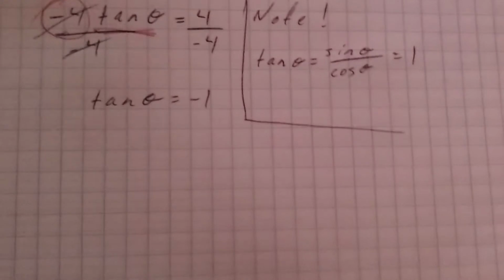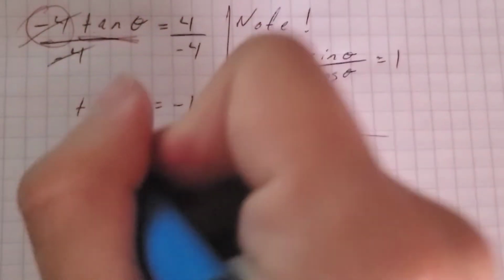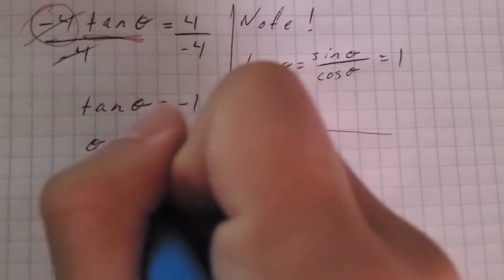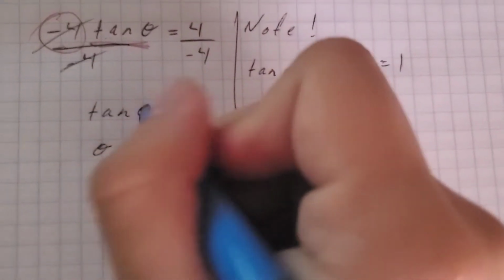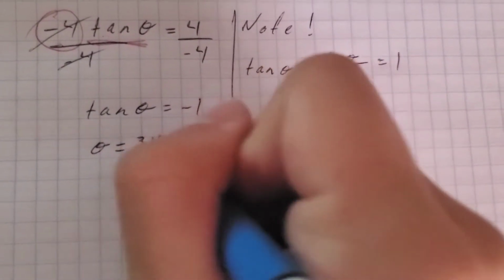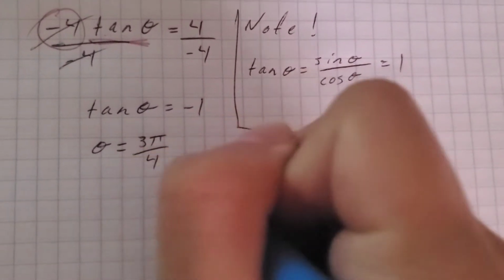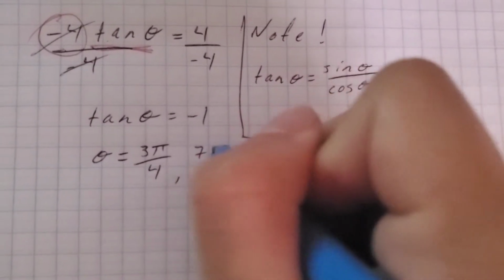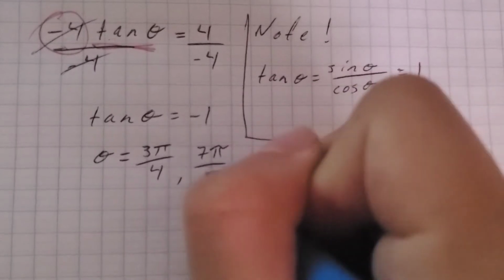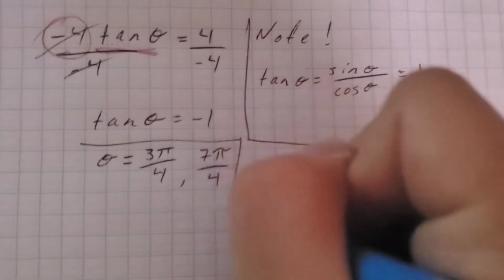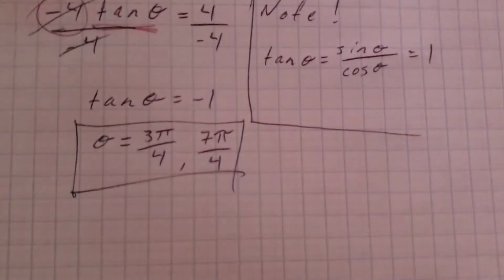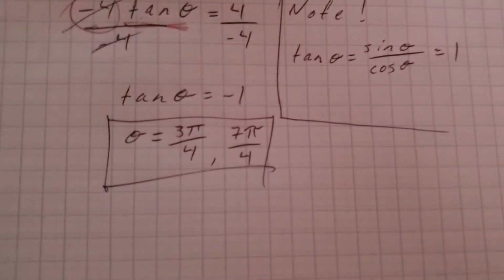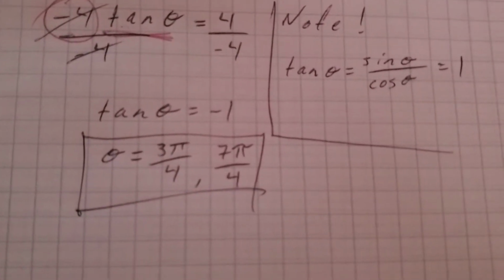So the solutions for theta are 3 pi over 4 and 7 pi over 4. Alright, so these are our two solutions. This would be the answer, and that's it.